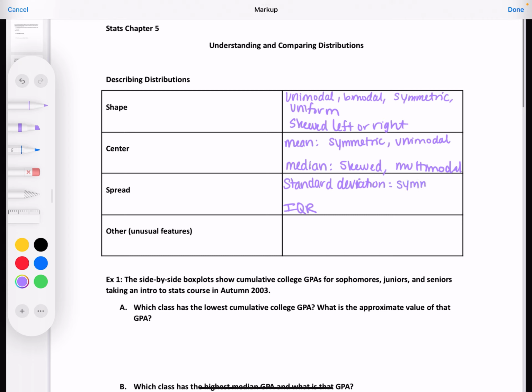Symmetric and unimodal. So mean and standard deviation always go together. So then median and IQR always go together. So IQR is if it's skewed or multimodal.